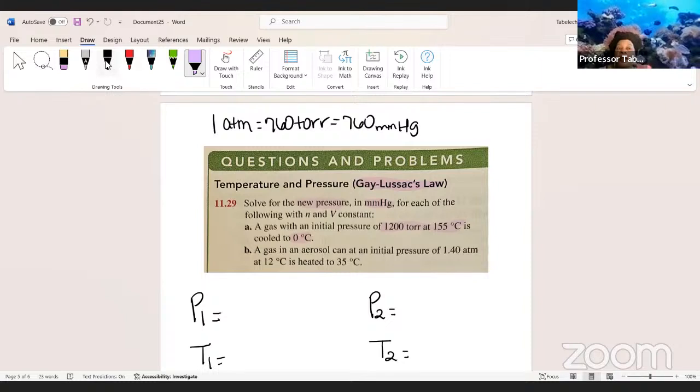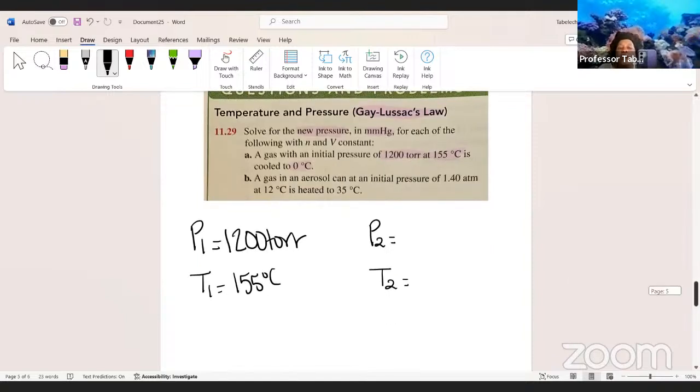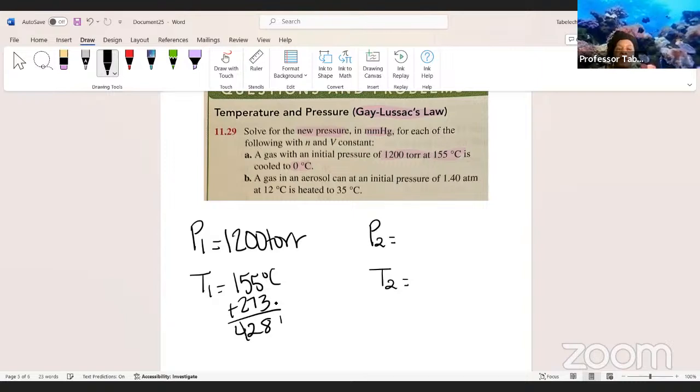All right, here we go with the things that we have to plug in. They told you the initial pressure was 1200 torr. They also told you that the initial temperature was 155 degrees Celsius. But remember, you've got to put your answer in Kelvin. So we're going to add 273 to that number, and we get 428 Kelvin.